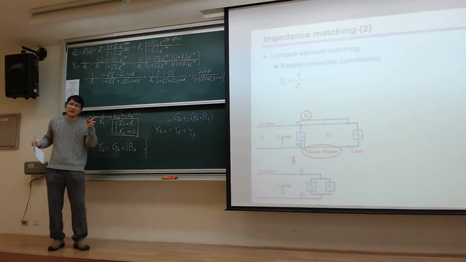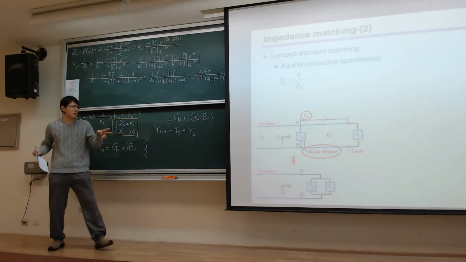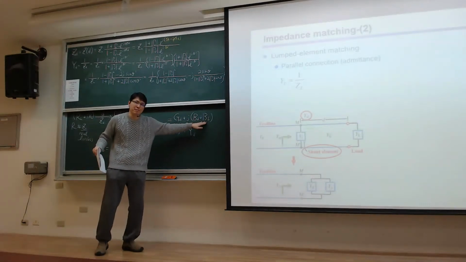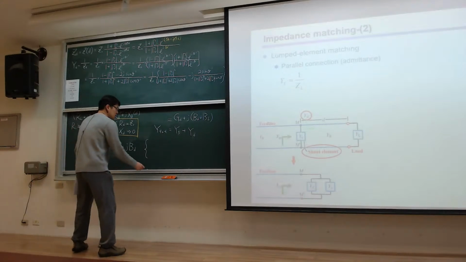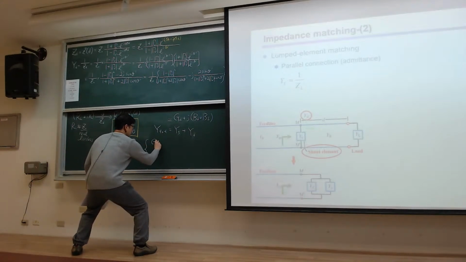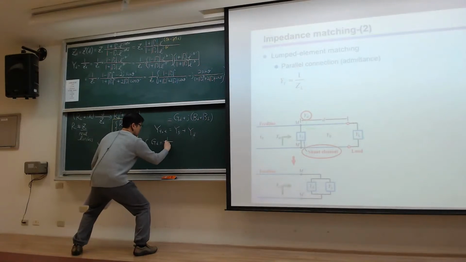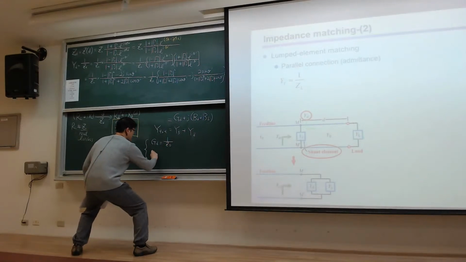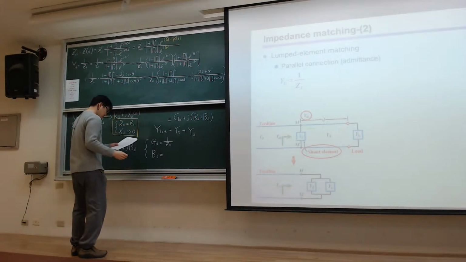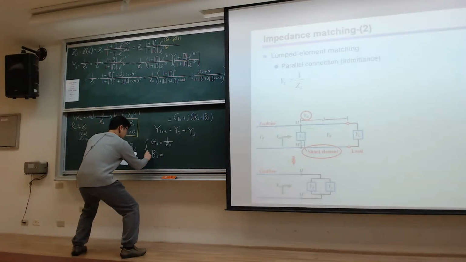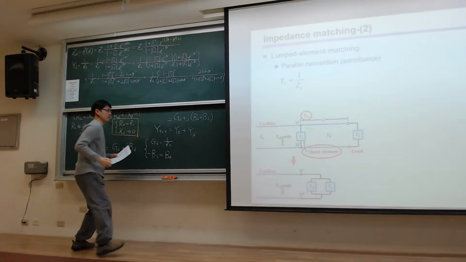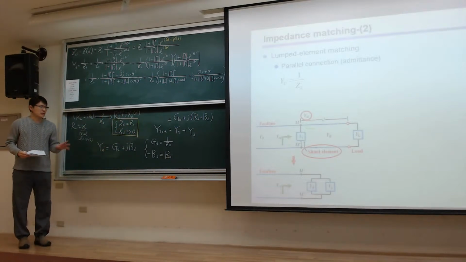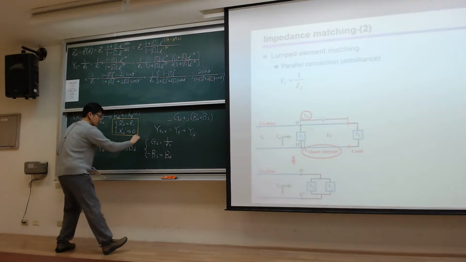Because I'm connecting something in parallel which is purely imaginary, I only add the imaginary parts together. So G_D is the inverse of Z0, and B_S is equal to, I have a special way of writing it, negative B_S would be B_B. So this is my overall target.